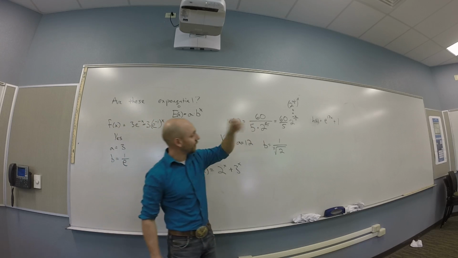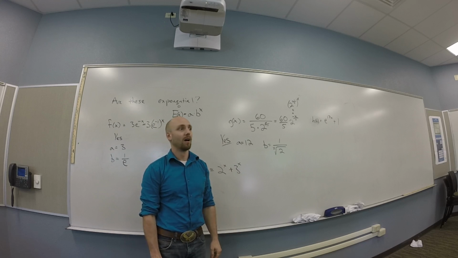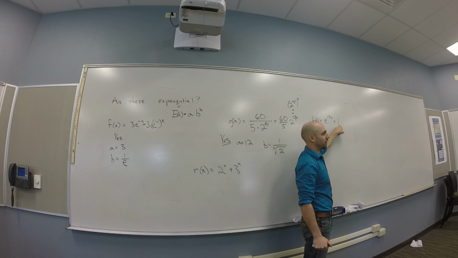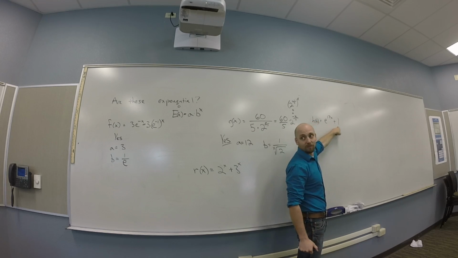Let's see. How about h of x is e to the 17x plus 1? That one doesn't go anywhere. The plus 1 is annoying. So this is an exponential function shifted vertically.